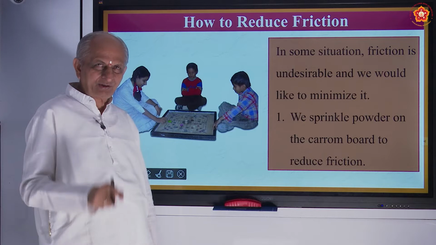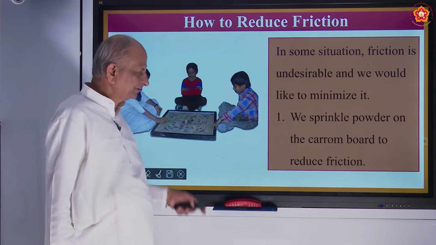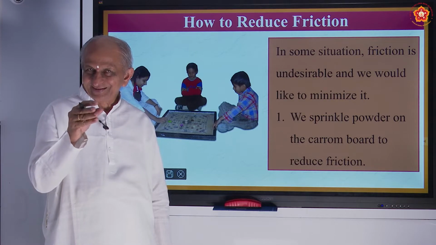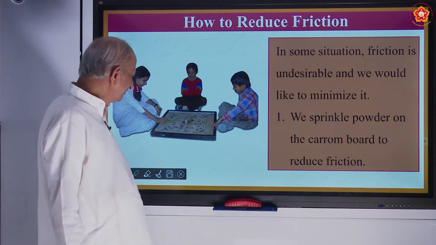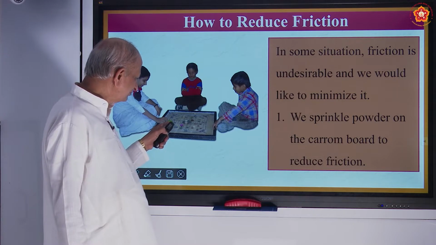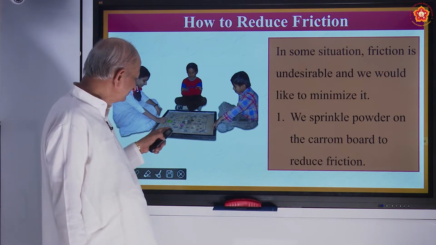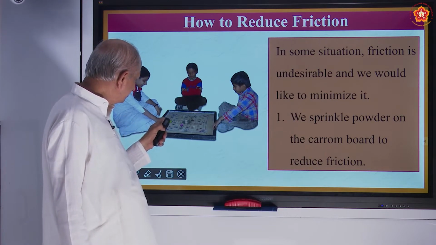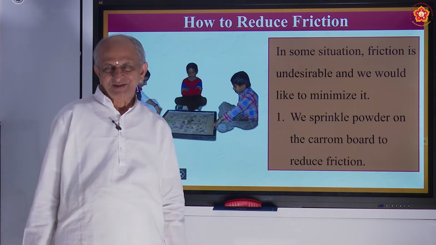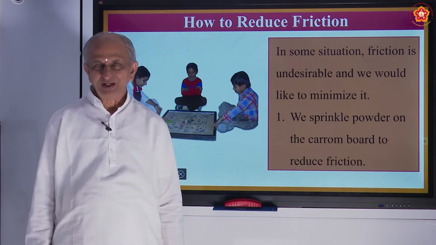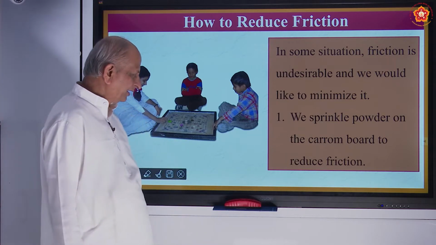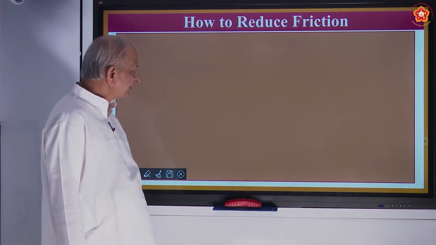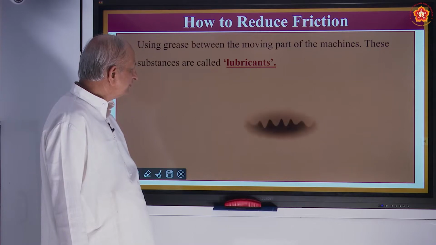There will be carrom powder only. They add it. What happens if it is added? You can easily strike it. Correct? So that is what she is doing now. So they added some powder here and they are enjoying the game. And she is pushing the striker. The striker will move fast only when there is powder and the surface becomes smooth. Okay? So that is the advantage of friction.